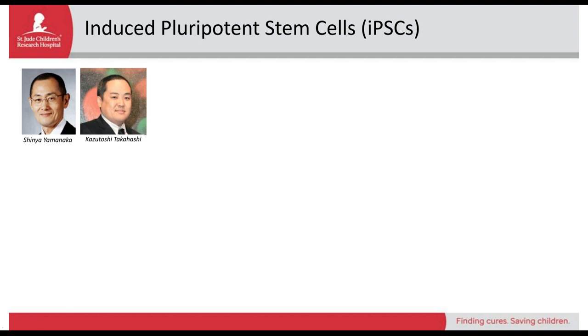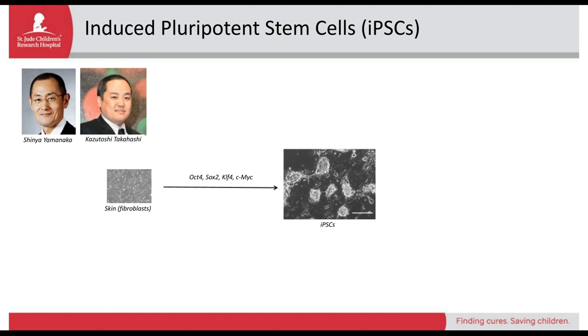They found that if you take fully differentiated somatic cells, fully differentiated fibroblasts from a mouse, and introduce four factors, OCT4, SOX2, KLF4, and c-MYC, into these cells, then a small fraction of these cells start to undergo a transformation, and within 10 to 12 days, they de-differentiate into colonies that look remarkably similar to cells that you could isolate and grow from a pre-implantation mouse embryo. They called these cells induced pluripotent stem cells. So they are almost exactly like embryonic stem cells. They have all of their properties. This was published in 2006.